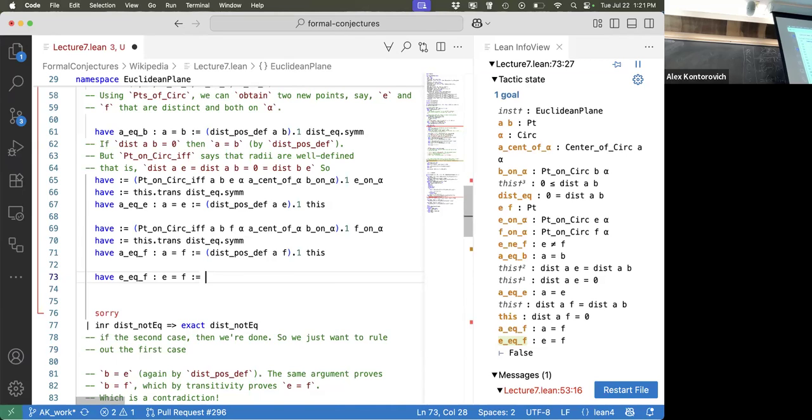And because I have A is equal to E, I have A equal to that. I want this guy. That will give me, but how do I get this thing back?